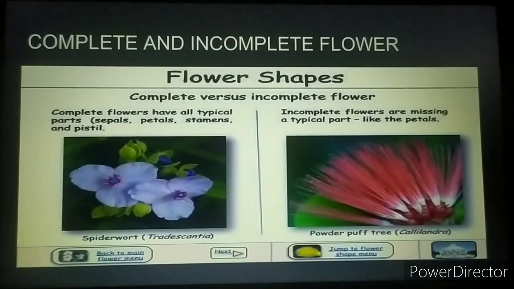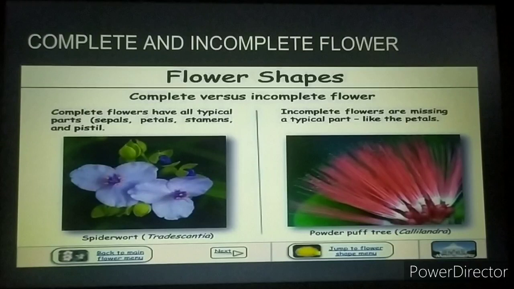Flowers that have all the four whorls, that is the sepals, petals, stamens and pistils, all present in the same flower, are called complete flowers. So can we call such flowers bisexual flowers? Yes.